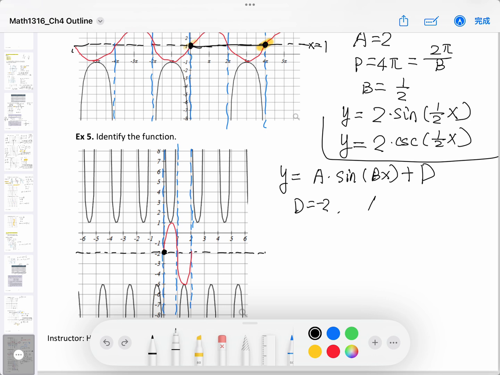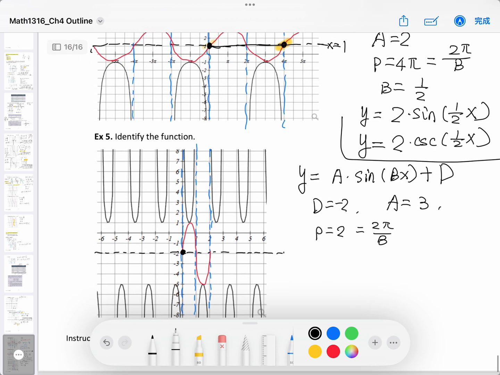So let's put a is equal to 3. And finding the b, we can find the b from the period. So the period from 0 to 2, that's 2. So we can say p is equal to 2, also equals 2 pi over b. So b must be pi.